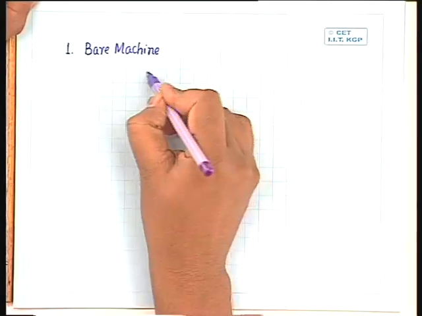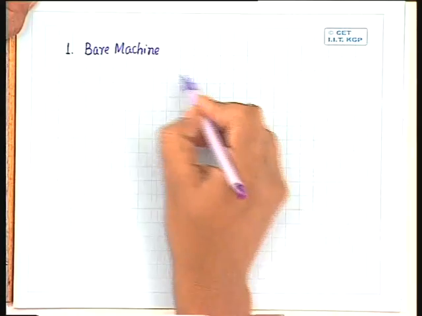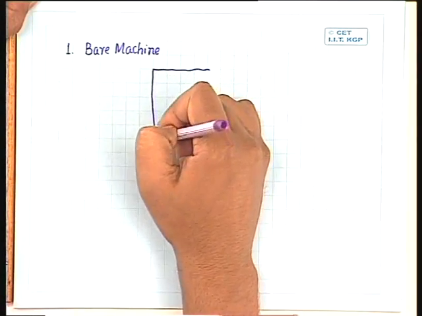Now you had to decide which part of the memory space will be occupied by the ROM and which part of the ROM will contain the monitor program, isn't it? So the bare machine concept is just what you have done in that laboratory. That is, the entire memory is given to the designer. There is no partition in the memory.